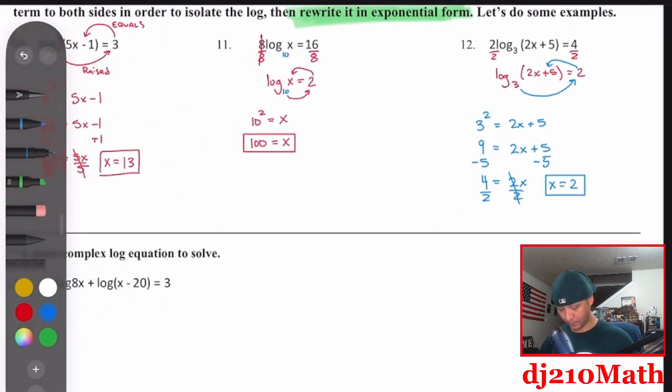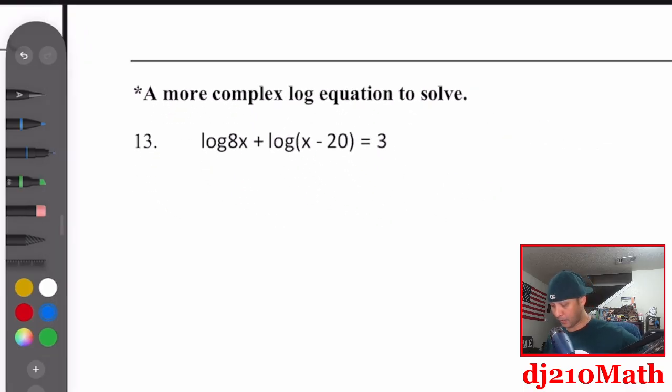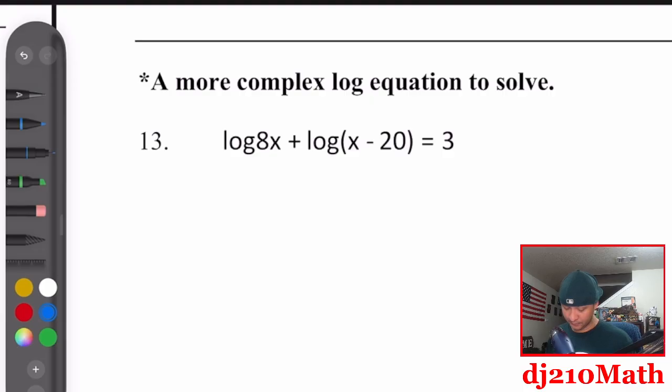Okay. Are we there? Are we at the end? Nope. Okay, a more complex log. All right, let's see. What's happening here? There's 2 logs on the left, no logs on the right. So what I'm going to do is condense the log on the left into 1 log. So since it's plus, the arguments, which I'm going to highlight right now, this guy and this guy can be multiplied together.